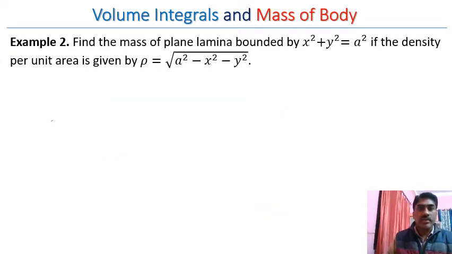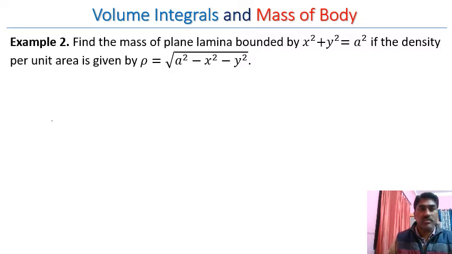Let us now take the second problem. Find the mass of a plane lamina bounded by the circle x square plus y square is equal to a square, given that the density per unit area of the lamina is rho is equal to the square root of a square minus x square minus y square. In previous lectures, we have already obtained the mass.